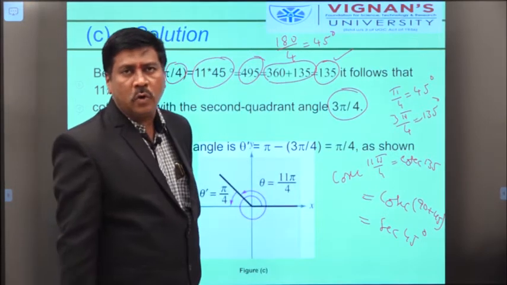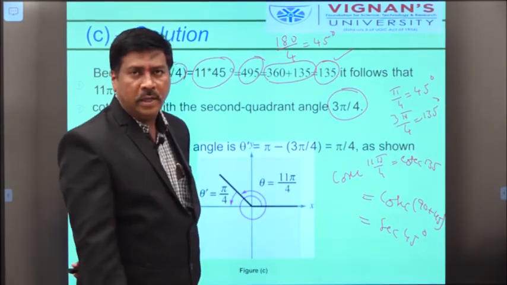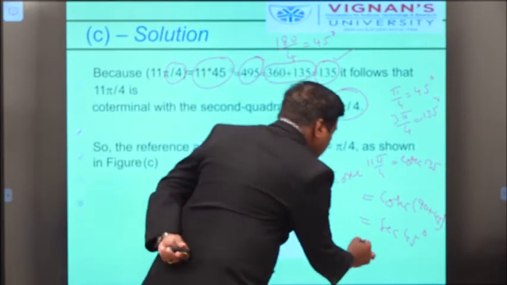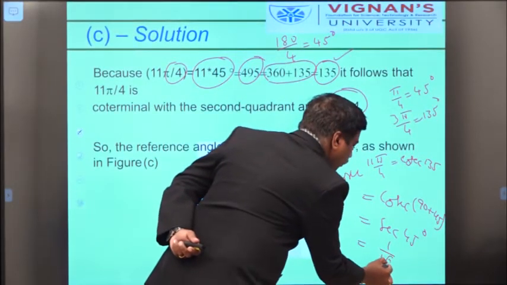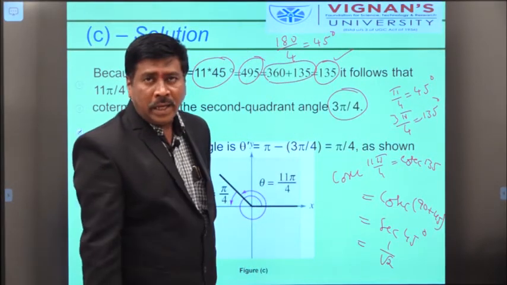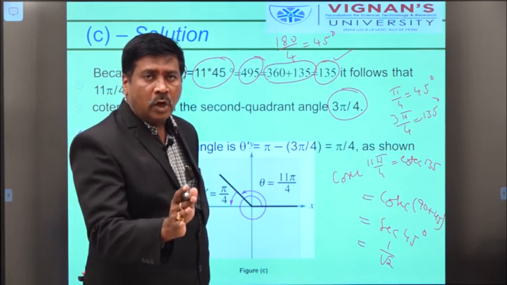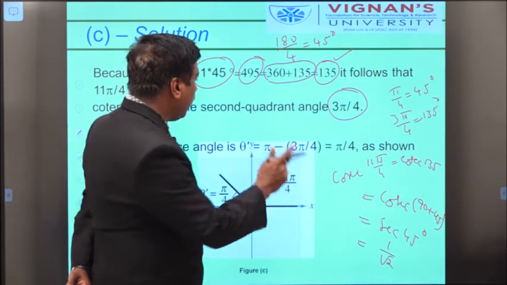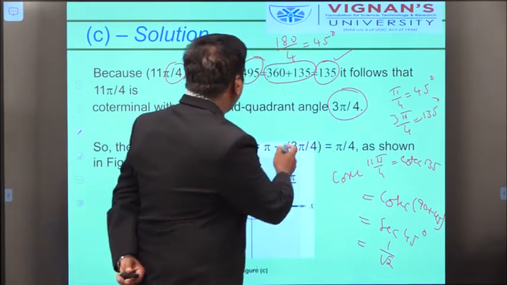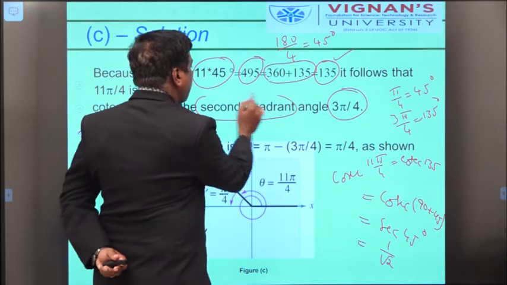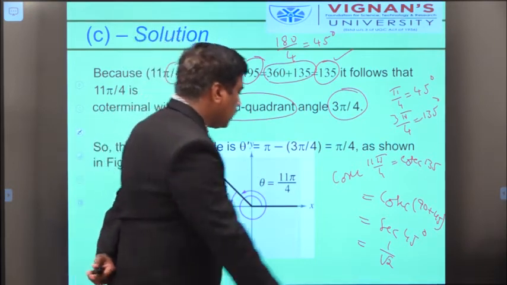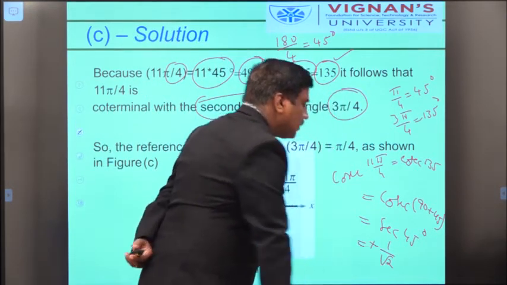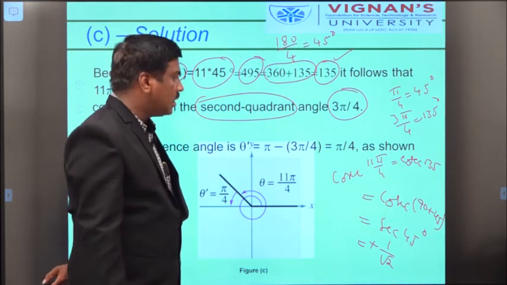Secant 45 degrees value is 1 by root 2. The cosecant value is positive in the second quadrant, because theta lies in the second quadrant. Then this value is plus 1 by root 2.